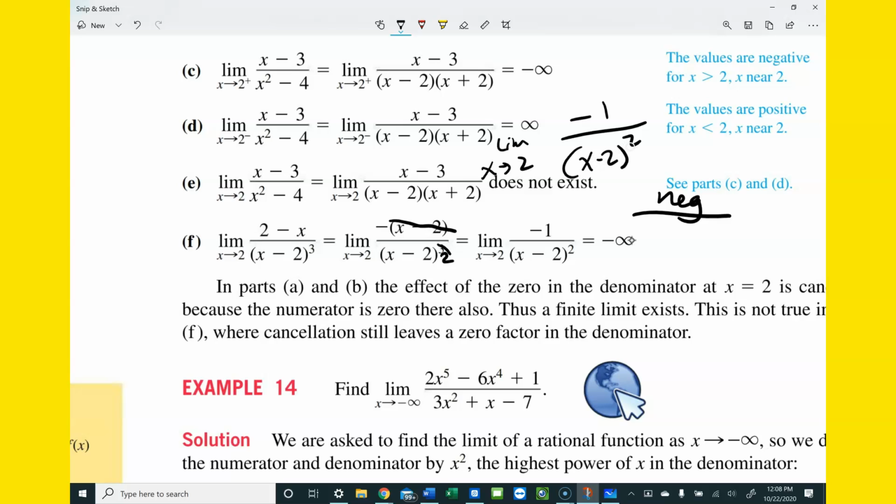It's going to become positive anyway. So whether we approach 2 from the right or the left, this is going to get squared, so it's going to be a really small positive number. So a negative number over a really small positive number is going to be negative infinity.